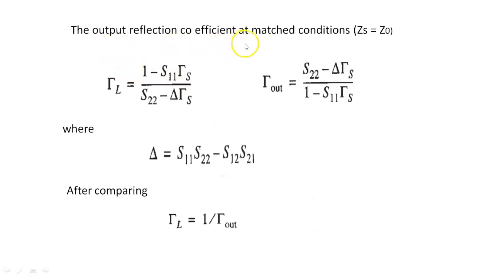Next, the output reflection coefficient at matched conditions, Zs equal to Z0. Tau L is equal to 1 minus S11 into tau S divided by S22 minus del into tau S. Tau out is the reciprocal of tau L. That means tau out is equal to S22 minus del tau S divided by 1 minus S11 into tau S. By comparing these two equations, we get this condition, that is tau L is equal to 1 by tau out.